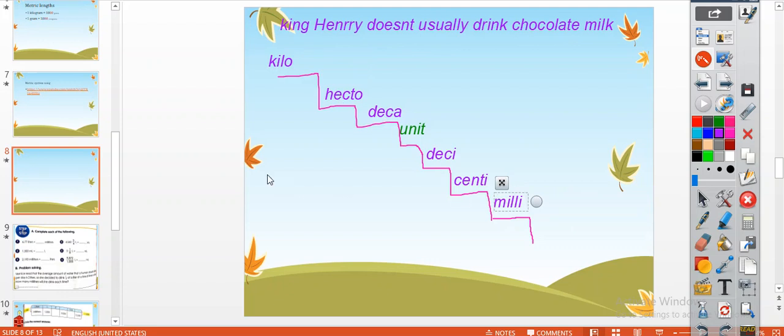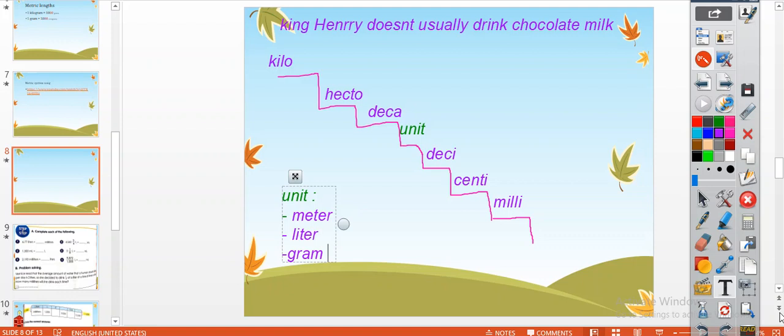And the word unit, as we said before, which is written here in green, stands for meter or liter and gram.